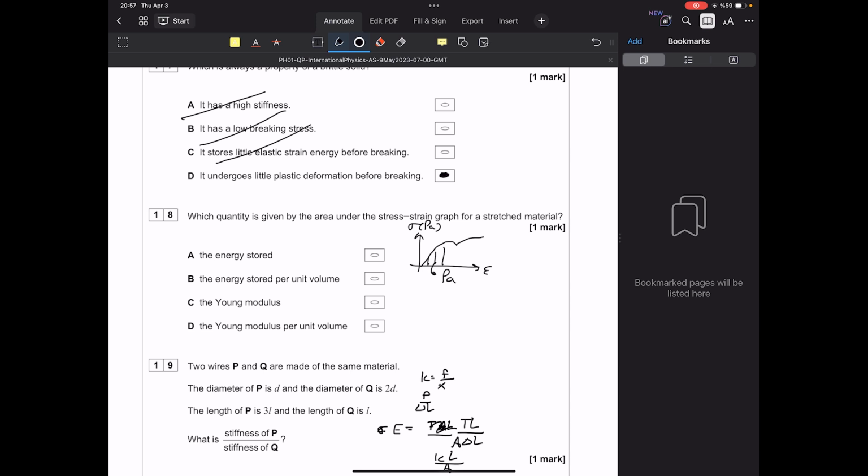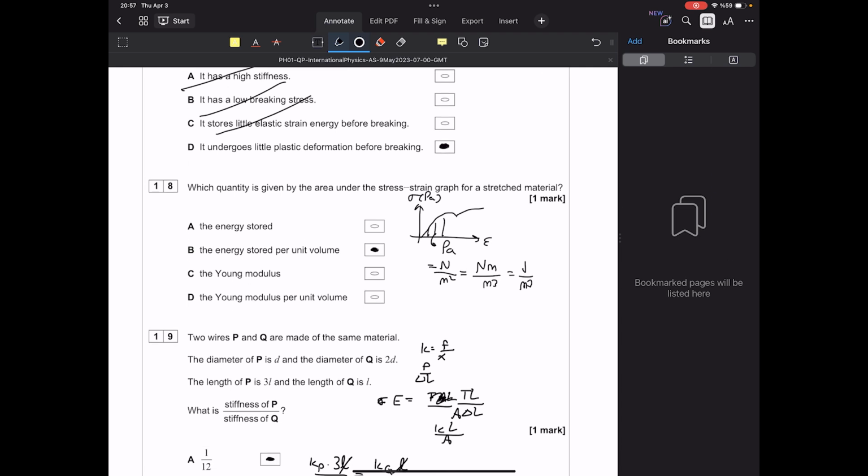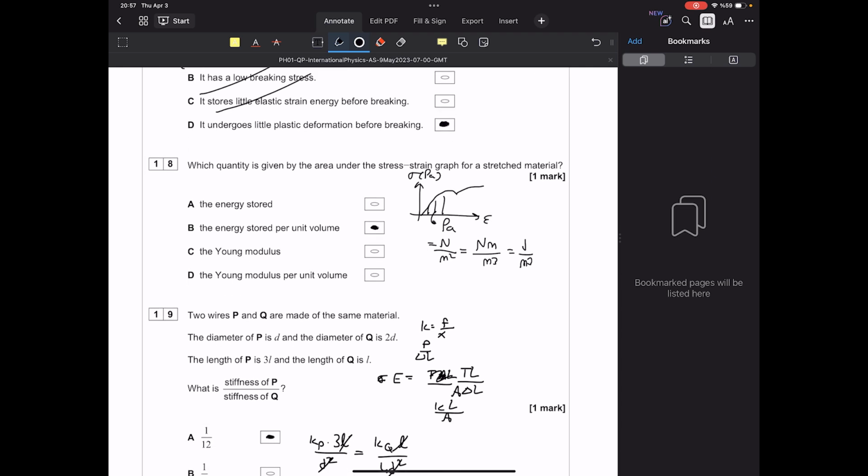Now you might ask, then doesn't the area give some sort of pressure? Well, usually you take this as newtons per meter squared, which is equal to newton meters per meter cubed, which is equal to joules per meter cubed, which is the energy stored per unit volume, or the work done per unit volume for that point. So that's what this graph gives.